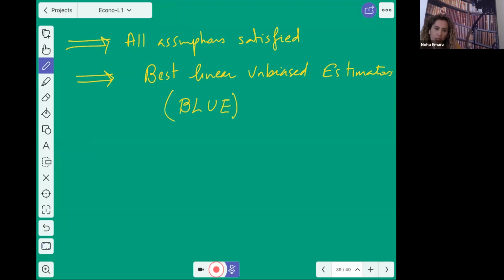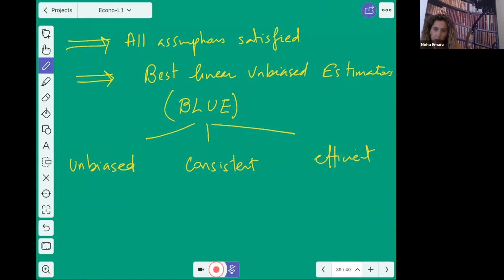So if all assumptions are satisfied, this is the perfect world, and I can say that I will get the best linear unbiased estimators. In other words, the best linear unbiased estimator consists of three important parts. It has to be unbiased and it has a test. It has to be consistent and it has a test. And it has to be efficient. And again, it has a test.